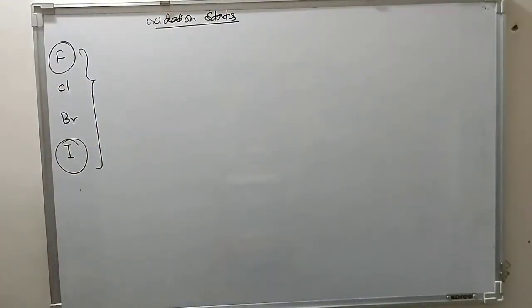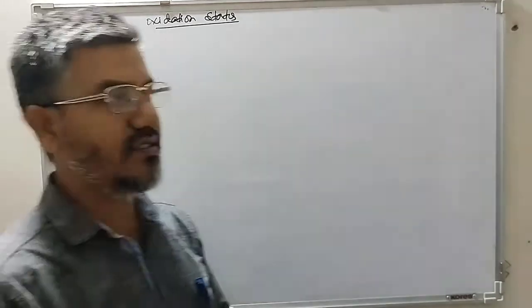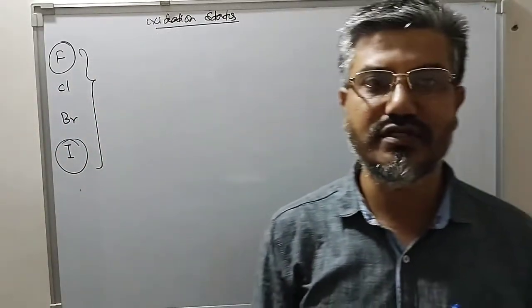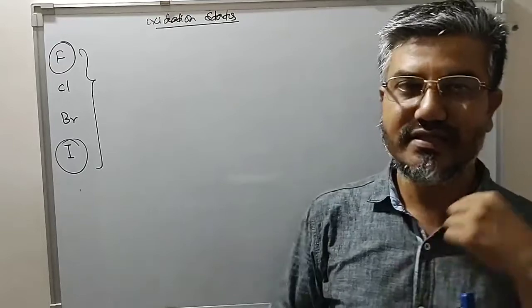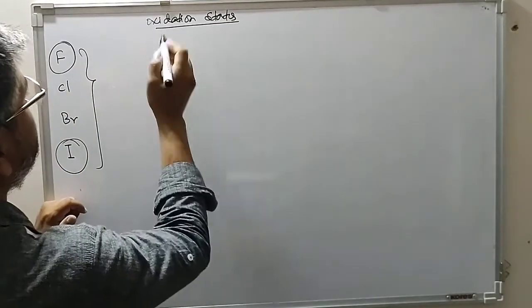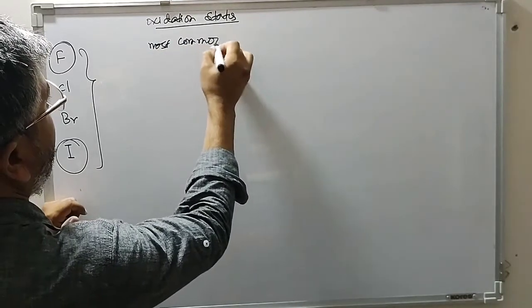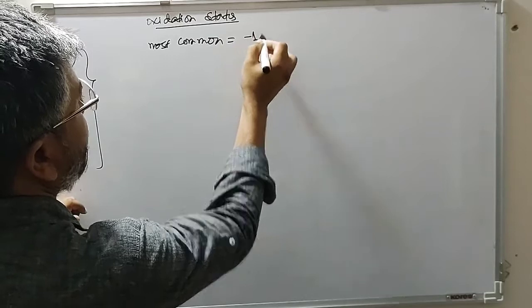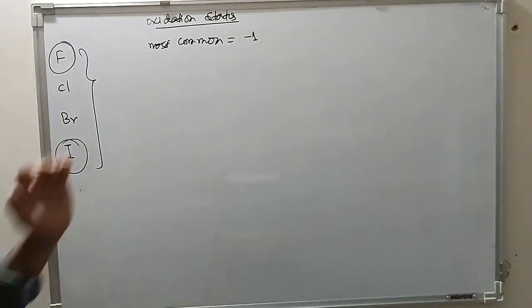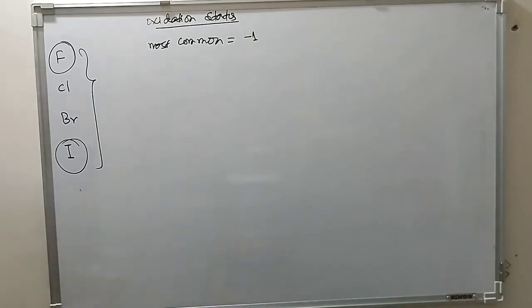Since they acquire noble gas configuration by acquiring one electron, the most stable or most common oxidation state of all these elements is -1. As I told you, why? Because by acquiring one more electron, it acquires noble gas configuration.